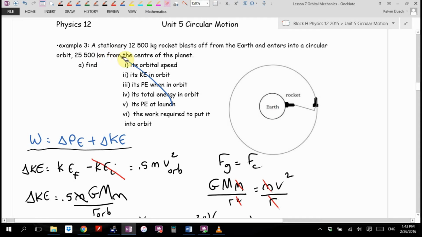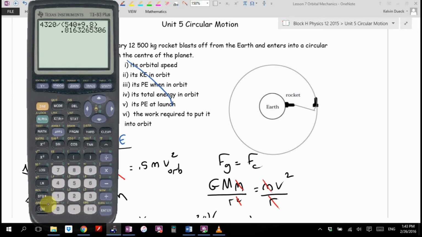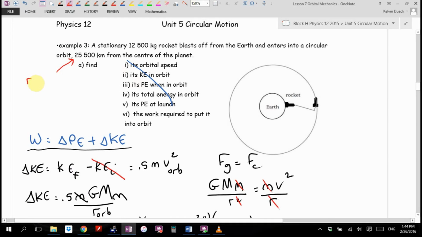It says from the, so radius. But what are my units here? Okay, let's make a little note up here. Can you multiply that by 1,000? What do you get? How about 2.55 times 10 to the 7th? R equals 2.55 times 10 to the 7th.